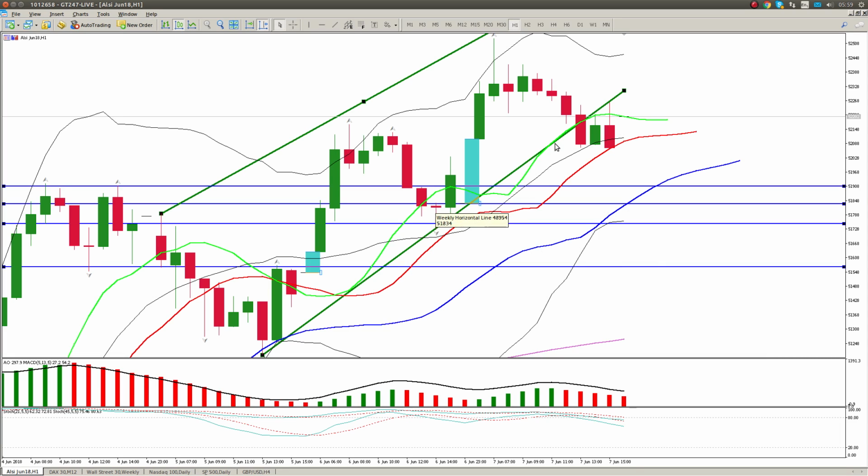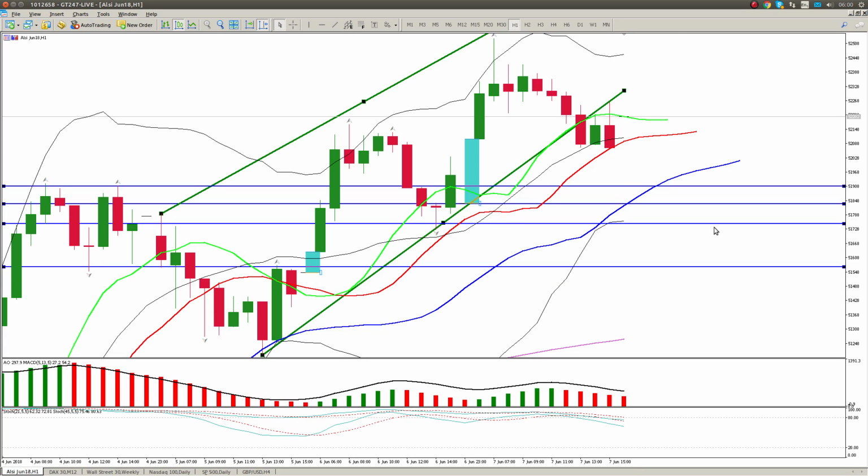Okay, remember we need to be below the alligator on the 1 hour for the trend to change. So at this stage, the trend is still up. It hasn't changed. There is a potential for it to change, but it hasn't officially changed, not in my books. Okay, so what we're looking for is a break below the 20, then we're looking for a break below the alligator.